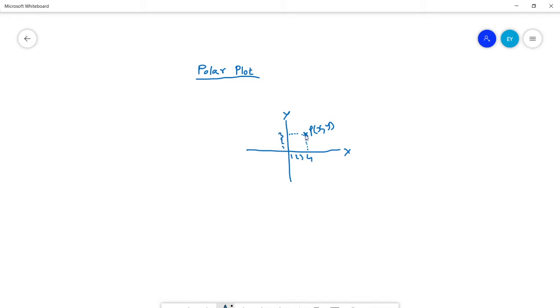Then this point P(x, y) can be represented as P(4, 3), right?